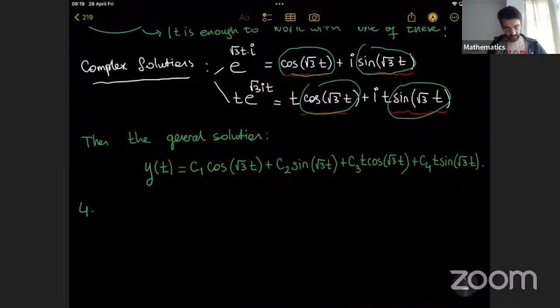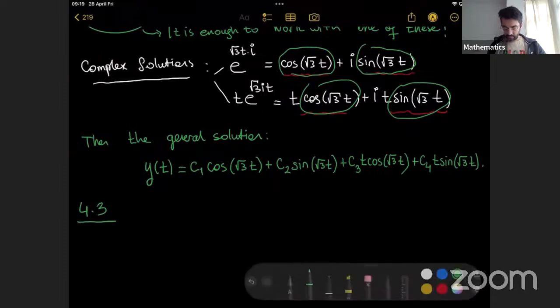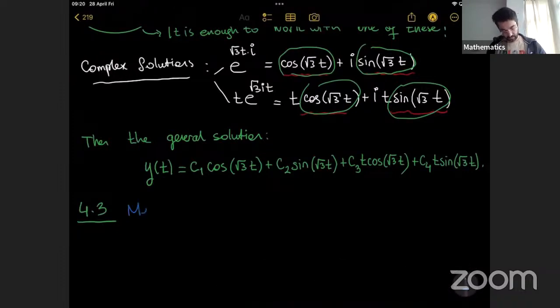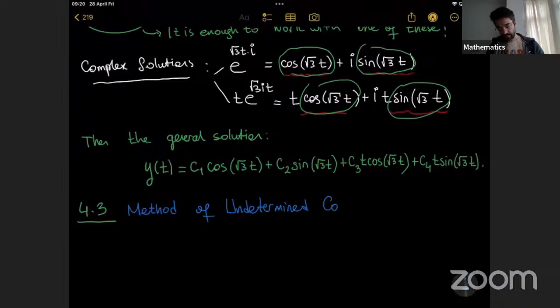This is 4.3 in the book. It's the method of undetermined coefficients.